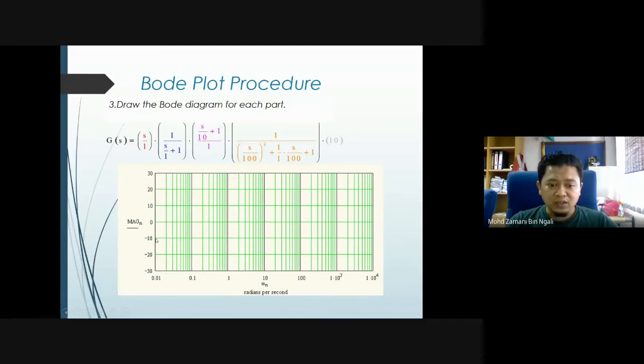0.01, 0.02, 0.03, 0.04, 0.05, 0.06, 7, 8, 9, 0.10, 0.2, 0.3, 0.4, up to 0.9, then 1, 2, 3, 4, 5, 6, 7, 8, 9, 10.